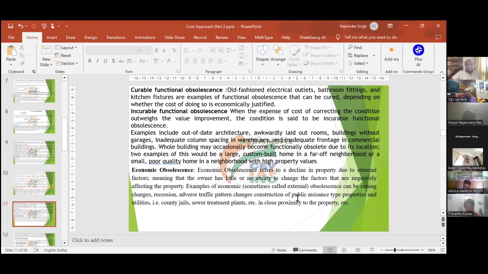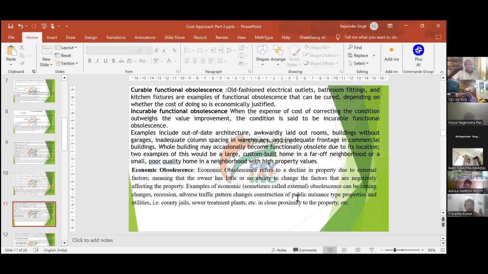Means, let us suppose you spent rupees 60 lakh on renovation or changing these electrical outlets, bathroom fittings, etc. And if after doing that, spending a huge amount of 60 lakh, the value of the building, which was 1 crore 20 lakh, after renovation, it becomes 1 crore 30 lakh, even though you have spent 60 lakh over it.